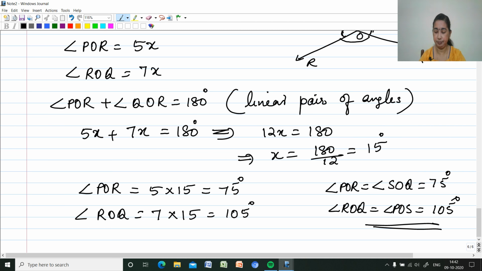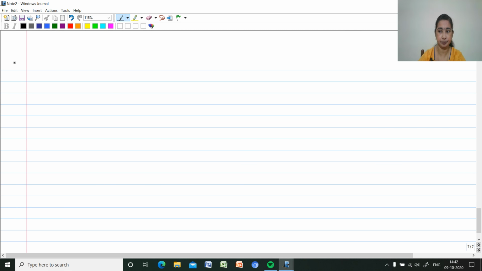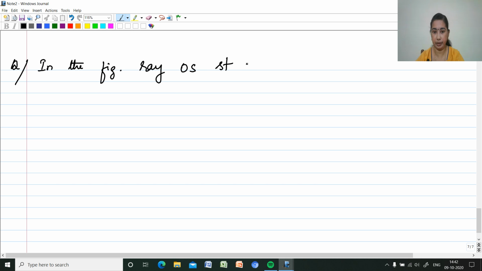Now next one, next question. In the figure, ray OS stands on a line POQ.